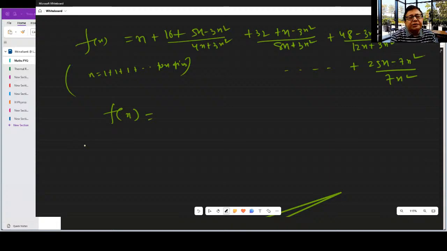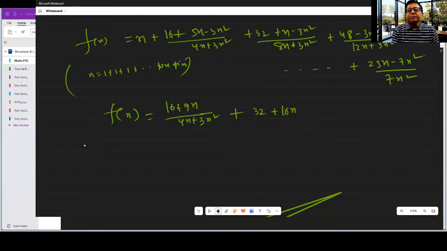Just add 1, what's the result? 4n, it will be ... please check my calculation. 1 added here, 3n square again gets cancelled, isn't it?